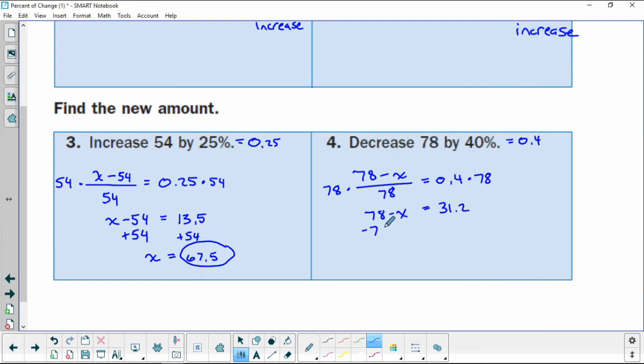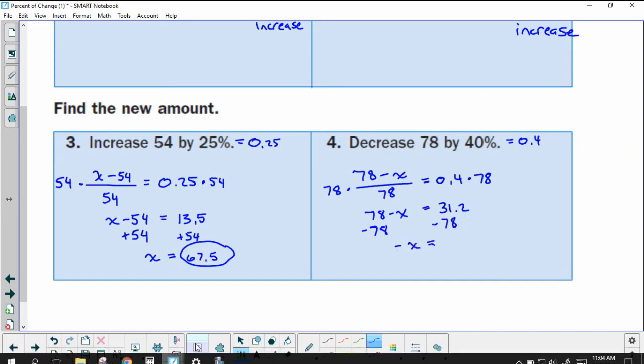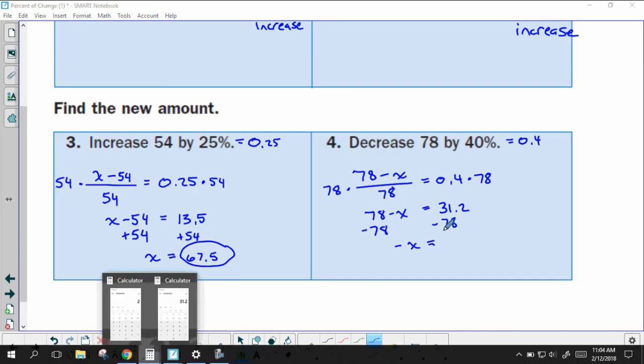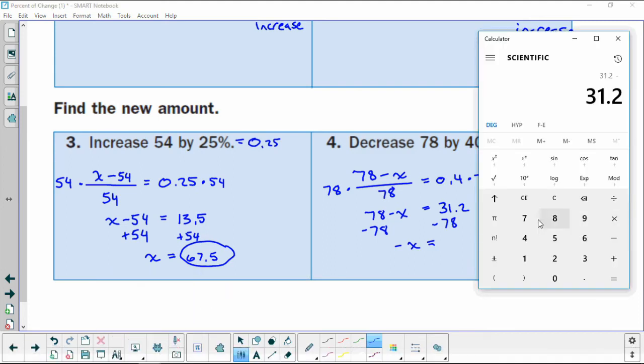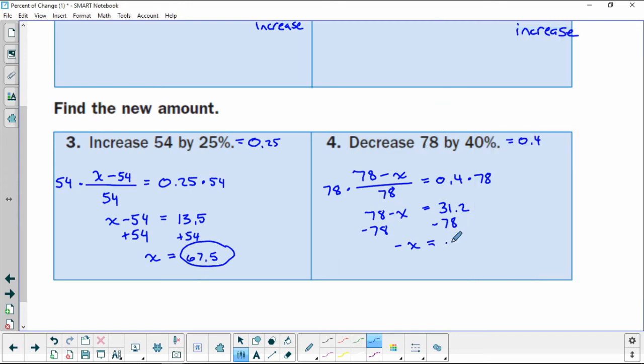Then I'm going to subtract 78 to get the opposite of x. Negative 46.8. So I could multiply or divide both sides by -1 to get my final answer of x equals 46.8.